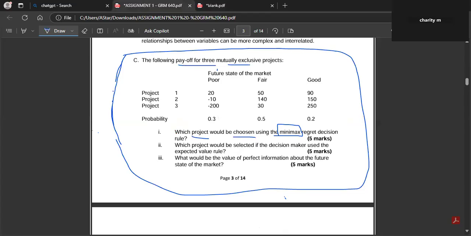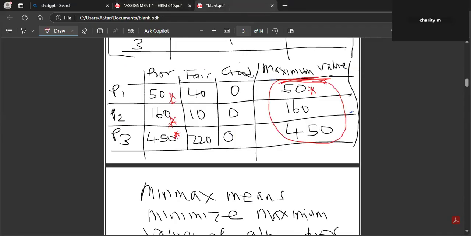Then the other question is asking us to find which project can be selected based on the expected value rule. So let's find the expected monetary value.